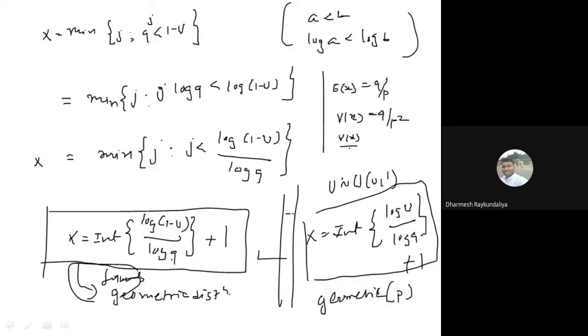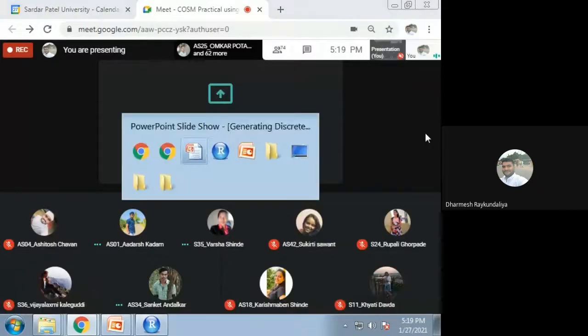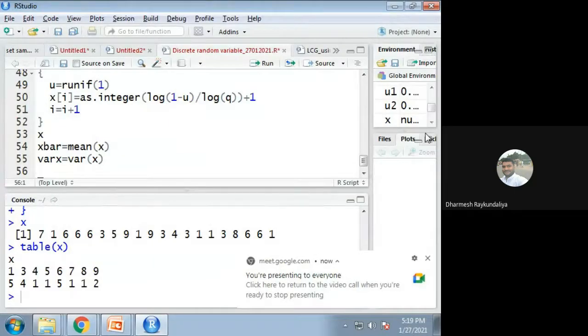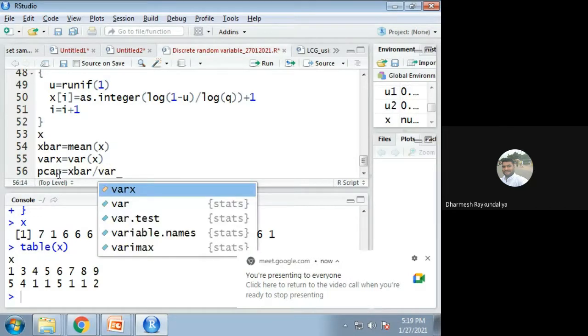Variance of x upon expectation of x is q by p square upon q by p, which cancels out to 1 upon p. So p equals mean upon variance, which implies you can verify p cap equal to x bar upon variance of x.